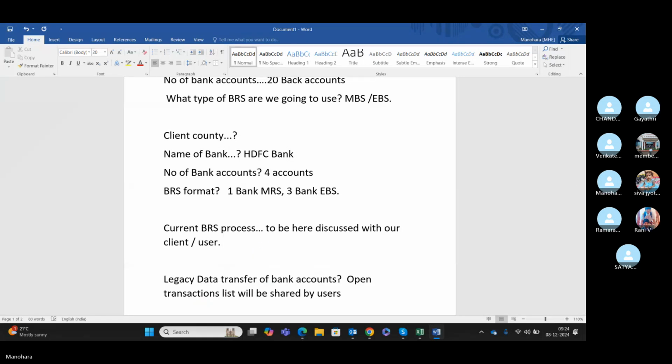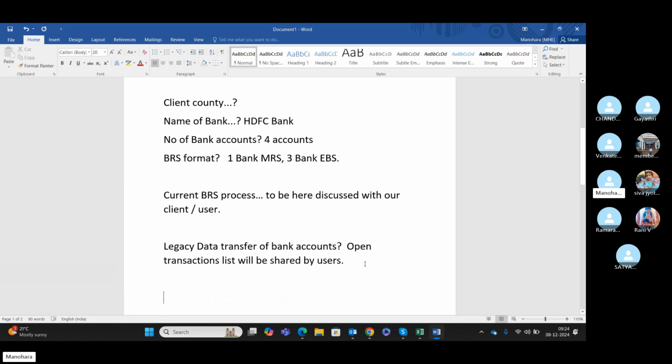If they're sharing open transactions, how we have to perform it, we need to understand. This is, let's say, the initial setup. The initial setup will be using manual BRS functionality.